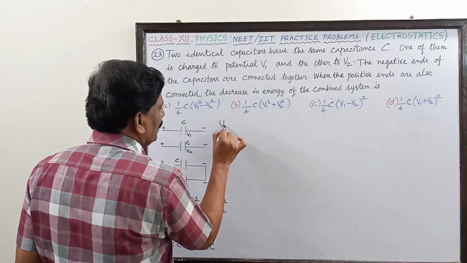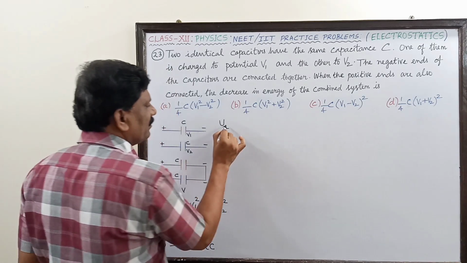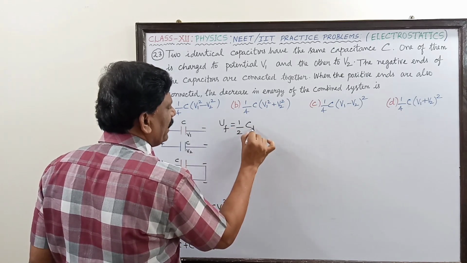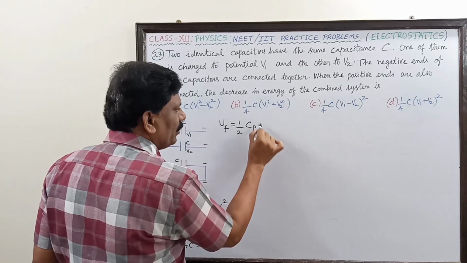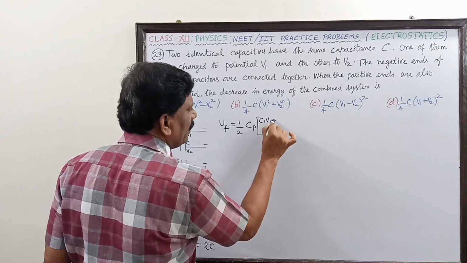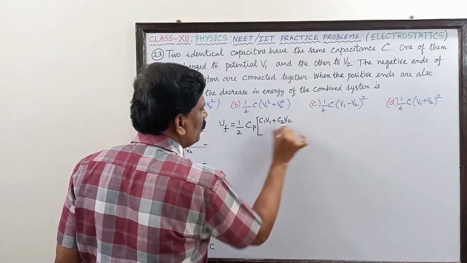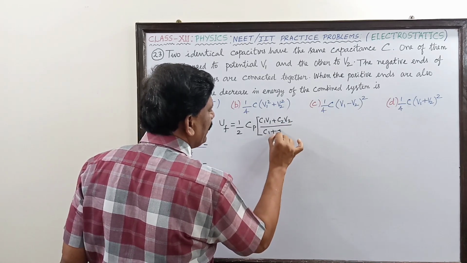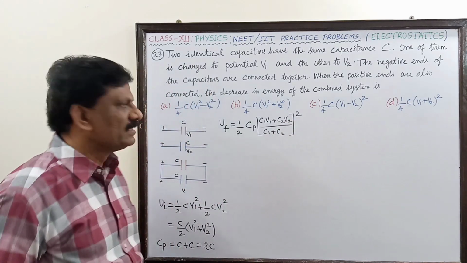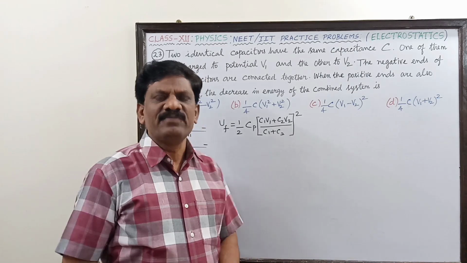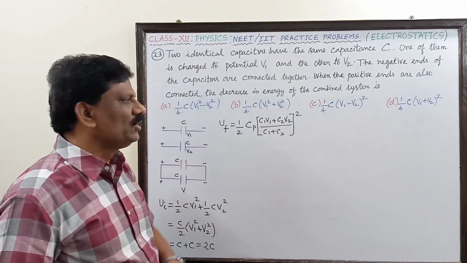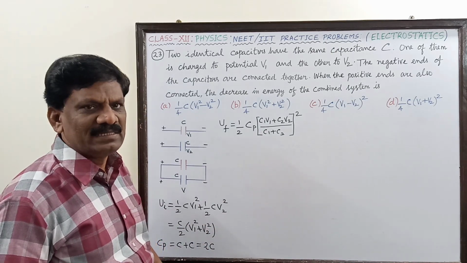So the final energy of the system is equal to half into C parallel into the common potential whole square. The common potential is (C1 V1 plus C2 V2) divided by (C1 plus C2). This is called common potential. This formula is new to us, we have to remember. Here C1 and C2 are both the same, is it not?